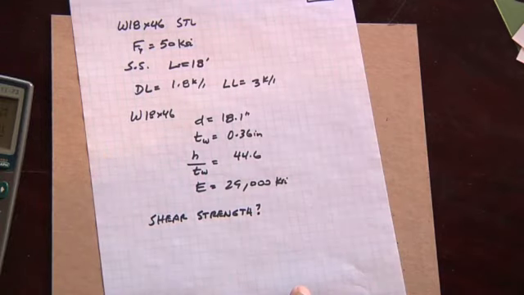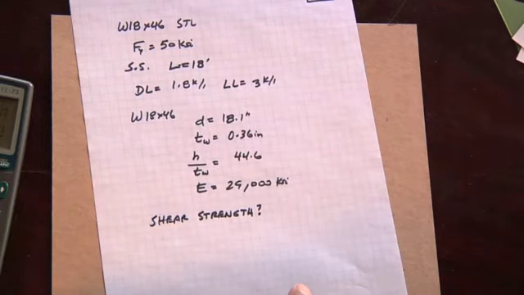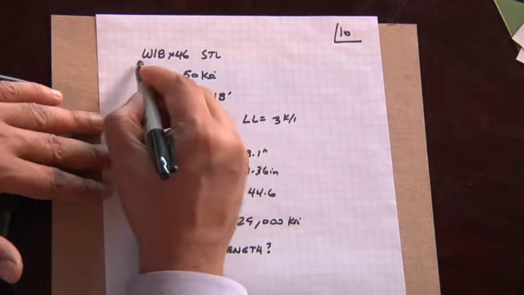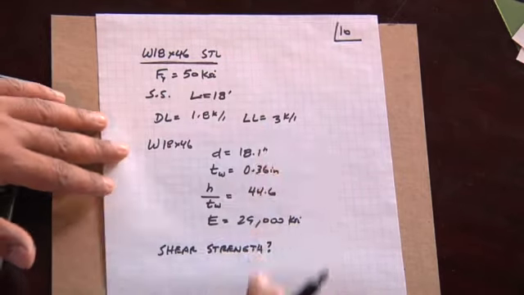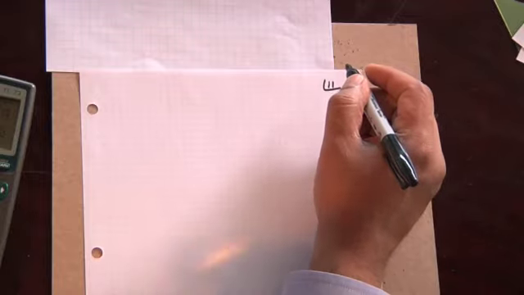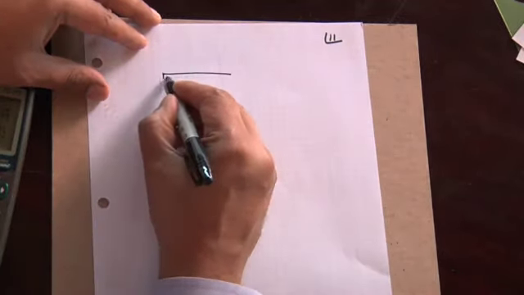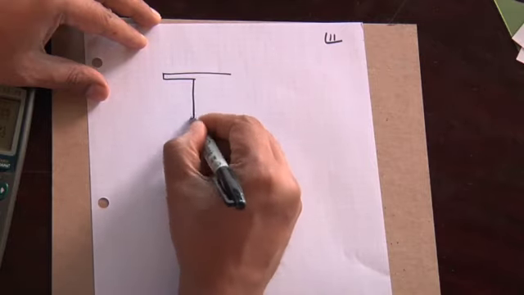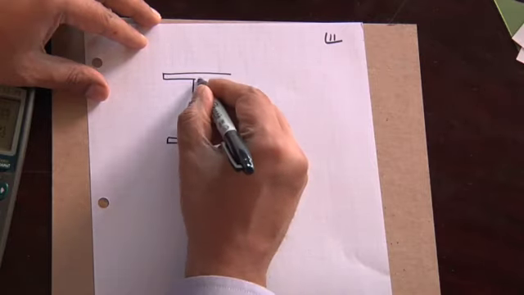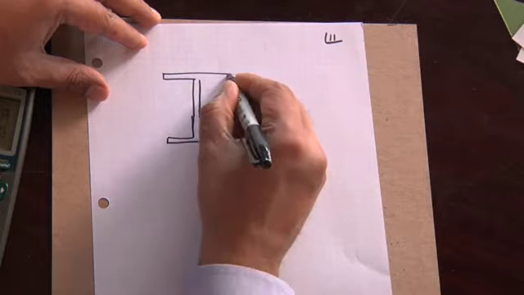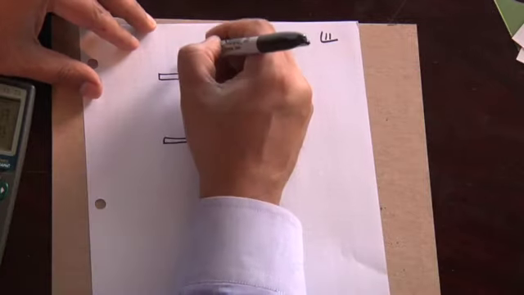So in order to calculate the shear strength, let's understand a little bit about a steel beam first of all, and get a little background on that. Steel beams, W shapes, transfer shear primarily through one element.